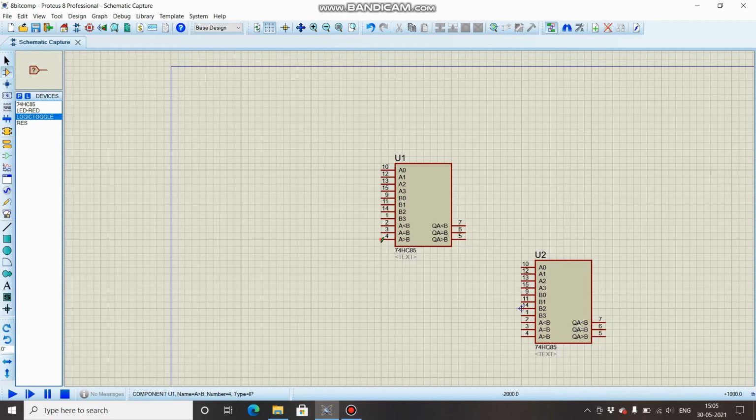This is recommended in the data sheet. And while cascading, these three output pins are supposed to be connected to the input cascading pins. That is, output A less than B will be connected to the A less than B pin over here. Then the same for this and the same for this.